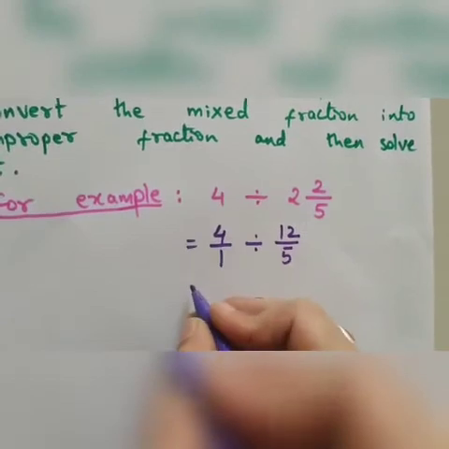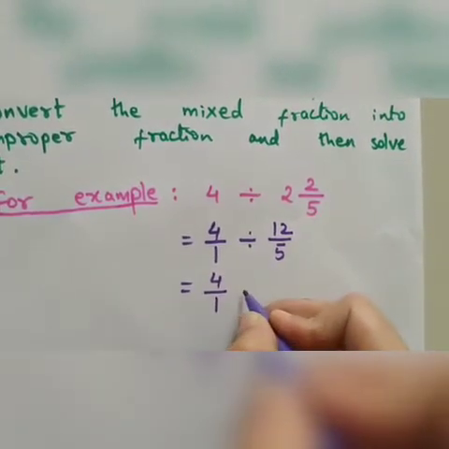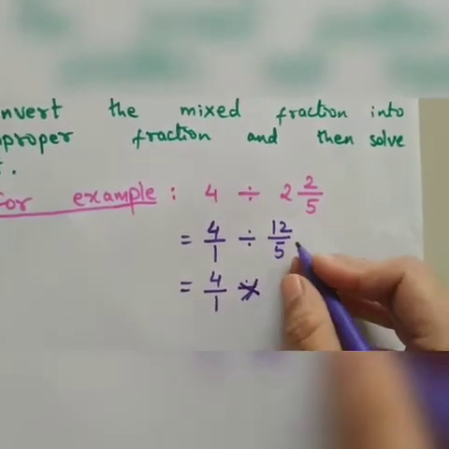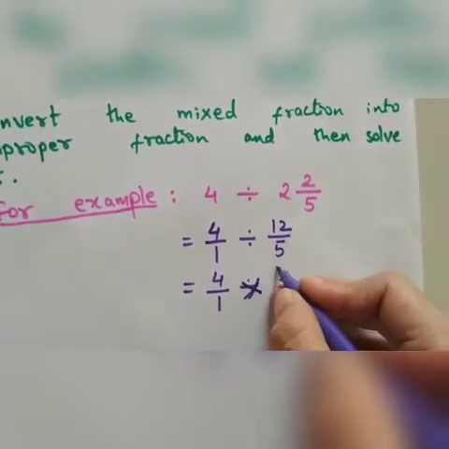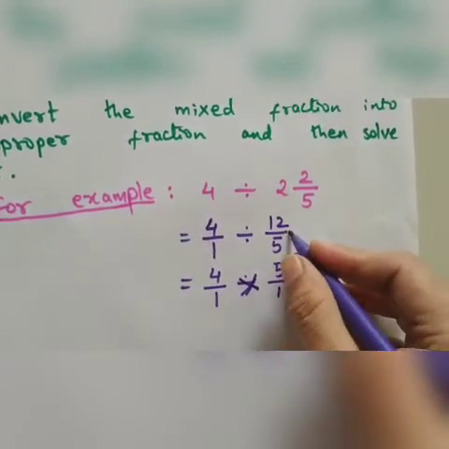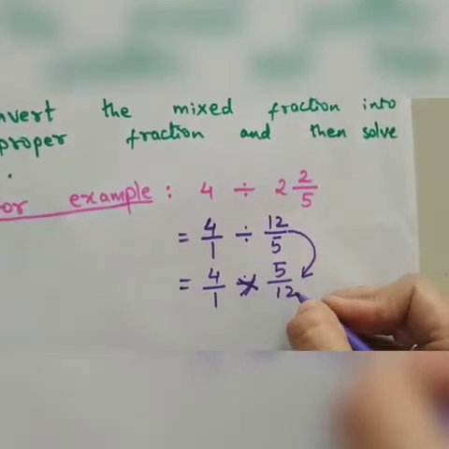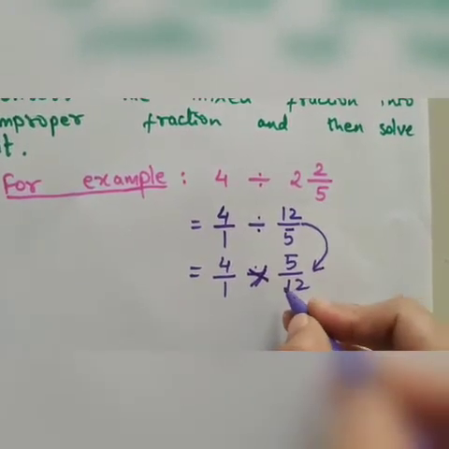So what we have to do now? Same procedure as above. 4 by 1 multiply by what we have to multiply here? Reciprocal of this. So what is the reciprocal? 5 by 12. So reciprocal of 12 by 5 is 5 by 12. Now any simplification done? Yes.